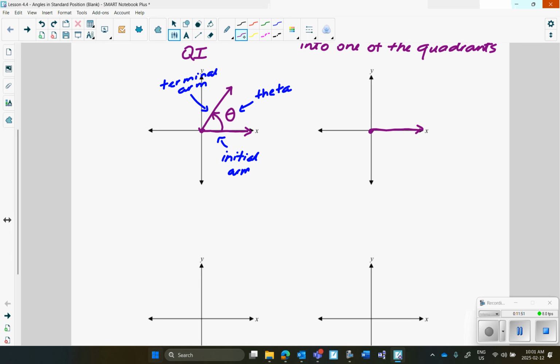So in quadrant 1, theta is between 0 degrees and 90 degrees. 0 degrees is right on an axis, so is 90 degrees. We'll talk about those later. That's why I use the word between.